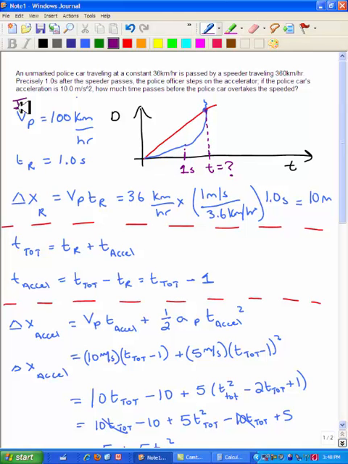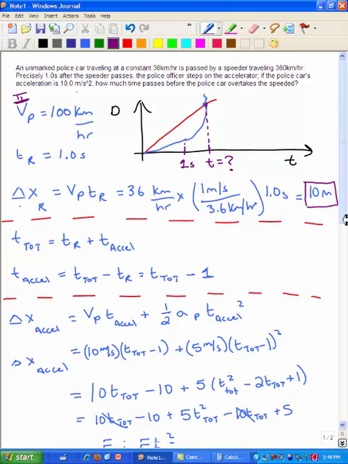So we have the equation delta x equals velocity of the police car times the reaction time. His velocity is 36 kilometers per hour, which we change to meters per second by dividing by 3.6, multiply that by 1 second, and the answer that we get is 10 meters. So he has traveled 10 meters during that reaction time. Then we have to think a little bit.